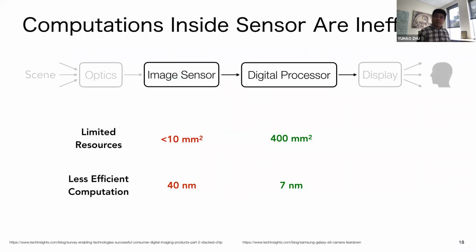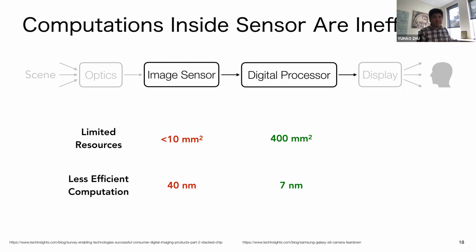There are at least two limitations or sources of inefficiency of doing computations inside the sensor. One is that the image sensor is typically much smaller compared to a processor. The area is typically at least one order of magnitude smaller, which means the peak computation throughput you can get from the sensor is much lower. And secondly, for a more practical reason, sensors are typically much cheaper, like one order of magnitude cheaper.